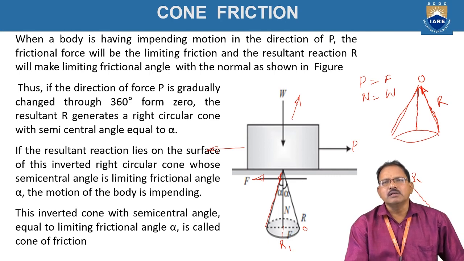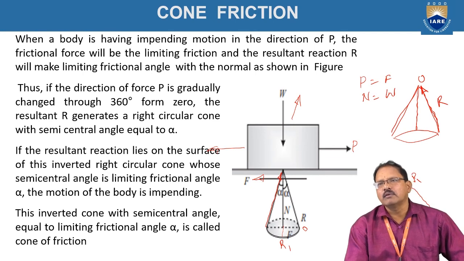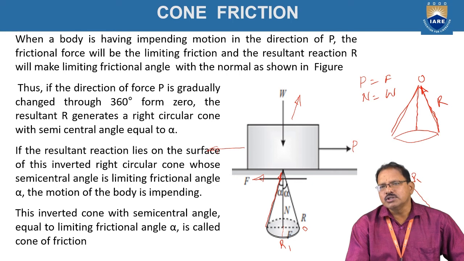That means when a body has impending motion in the direction of P, the frictional force will be limiting friction, and the resultant reaction R will make the limiting friction angle with the normal reaction, as shown in the figure. Thus, if the direction of force P is gradually changed through 360 degrees from 0, the resultant R generates a right circular cone with a semi-central angle equal to alpha.